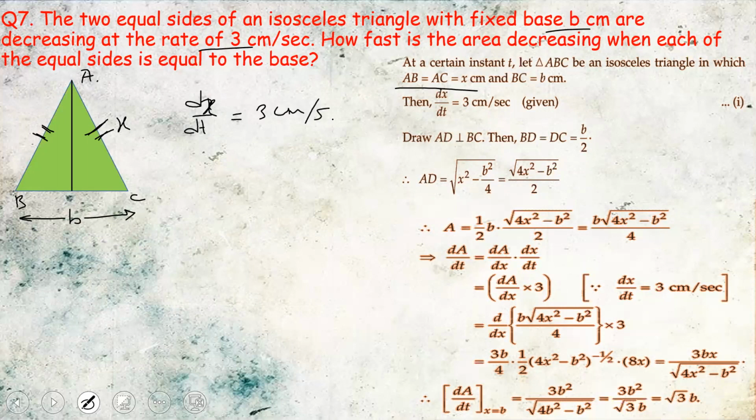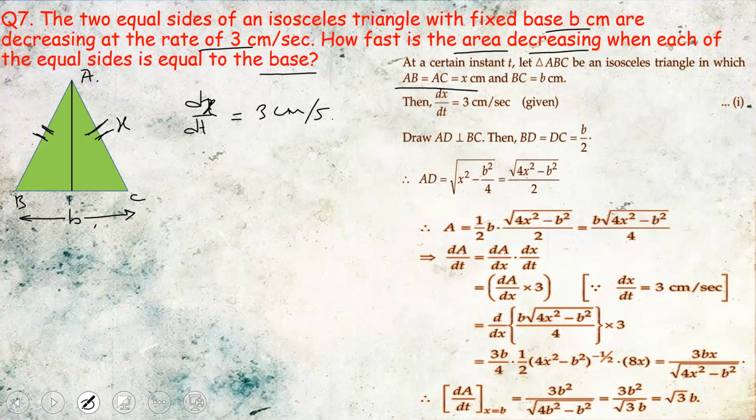Now the area is decreasing when each of the equal sides is equal to the base. That means these two equal sides will be equal to B. At that time you need to find the rate of change of area.